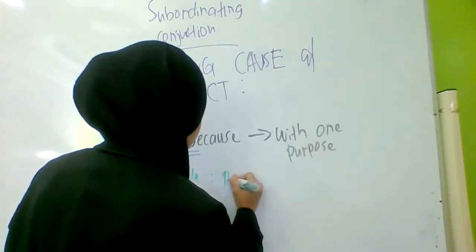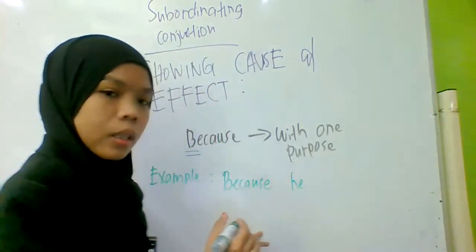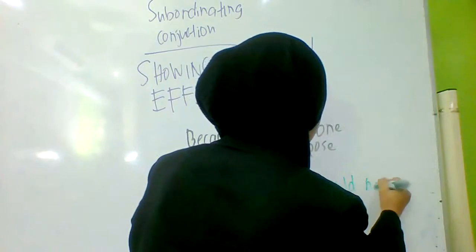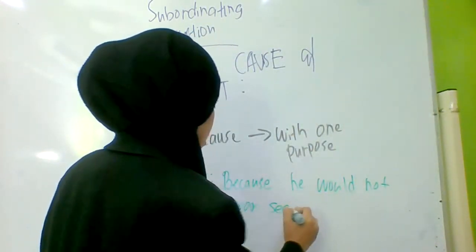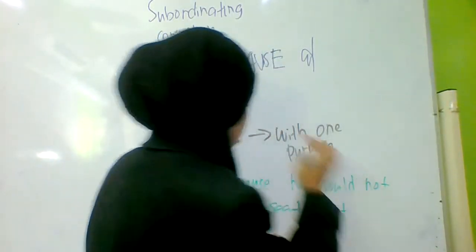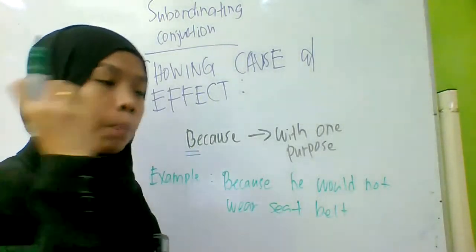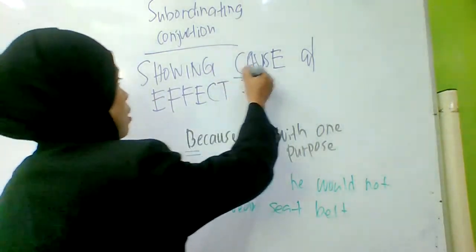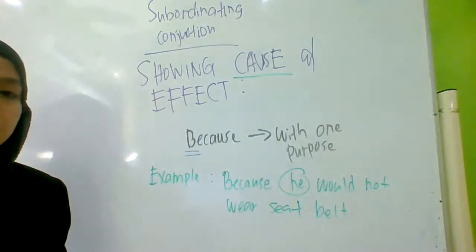We start with this one: because he would not wear. So there must be something else before because. We have to explain the reason or the effect or the cause that made him not want to wear the seat belt.